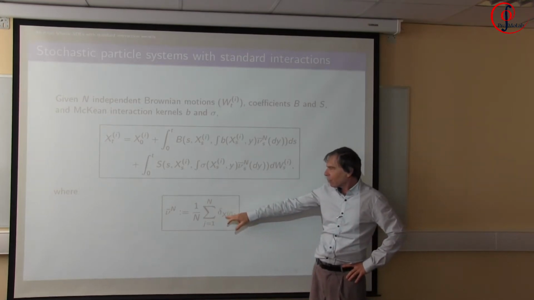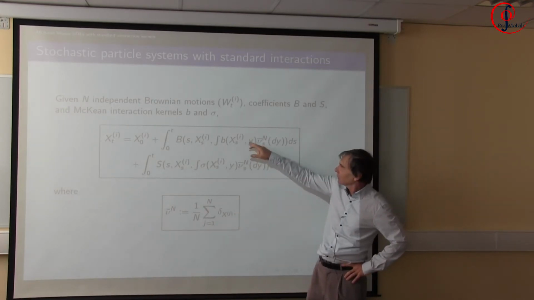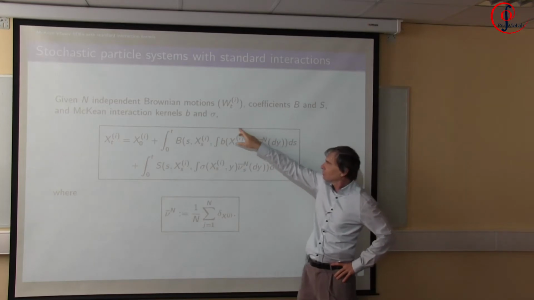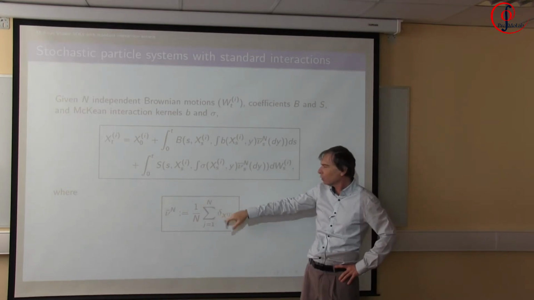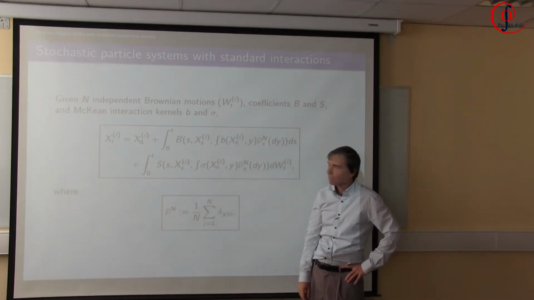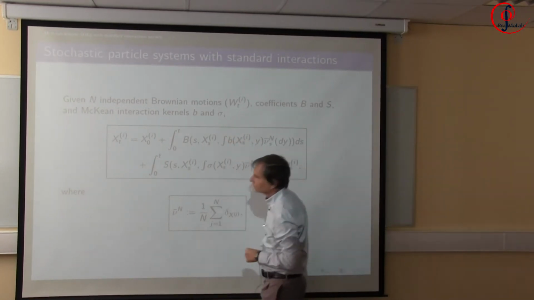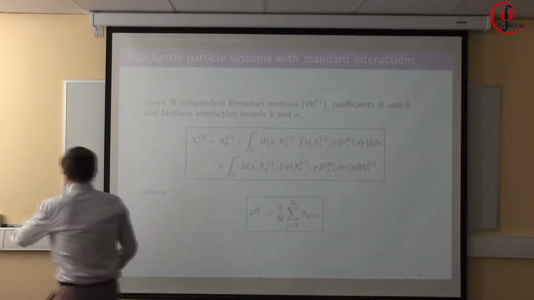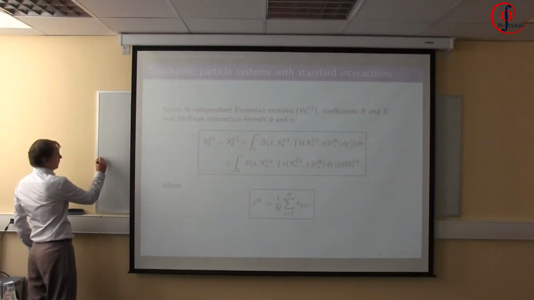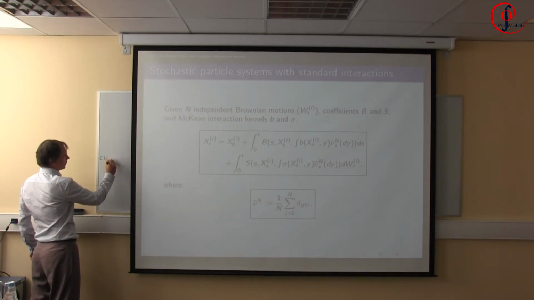Okay, so if they were independent, because of the strong law of large numbers, this quantity should be an expectation with respect to the common law of the particles. So this should be the expectation of B of script X, XS.